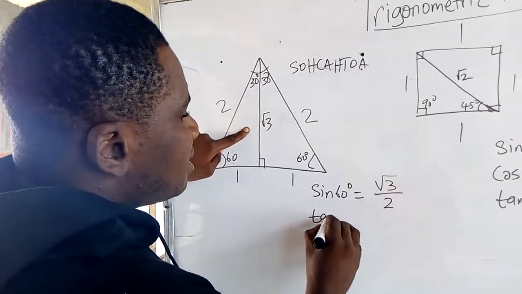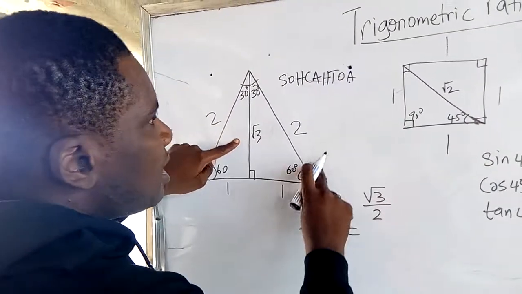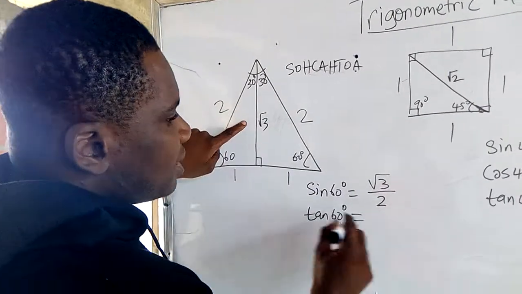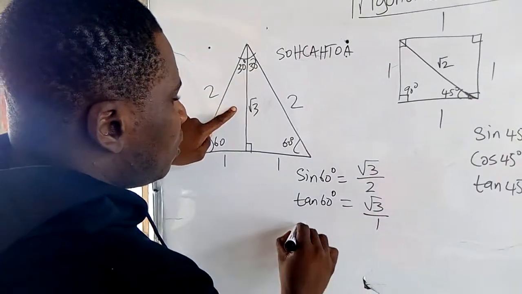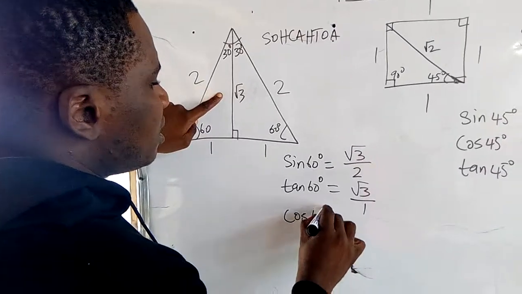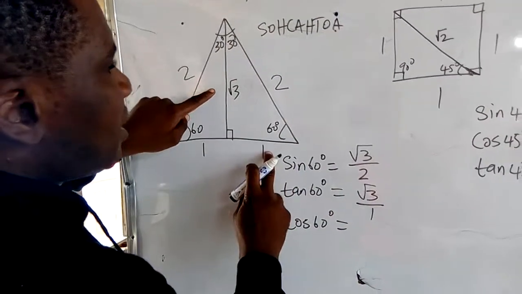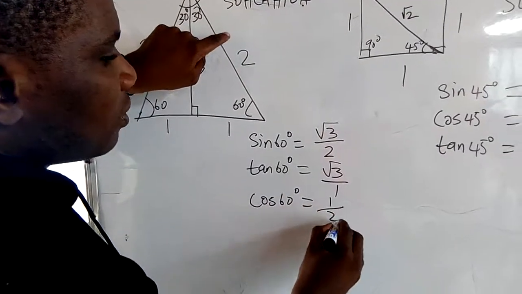Now what about tan 60? Tan is opposite over adjacent, root 3 over 1. What about cos? Cos 60 degrees is adjacent over hypotenuse, which is 1 over 2.